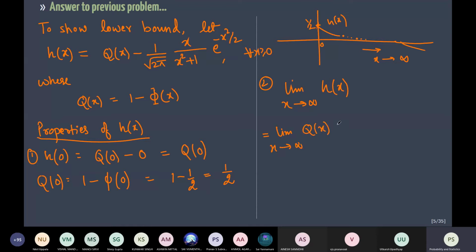The limit distributes, so x tends to infinity of 1 by square root of 2 pi, x by x squared plus 1, e to the power minus x squared by 2. What happens to this term as x tends to infinity? Can you tell me in the chat what will happen to this term as x tends to infinity?